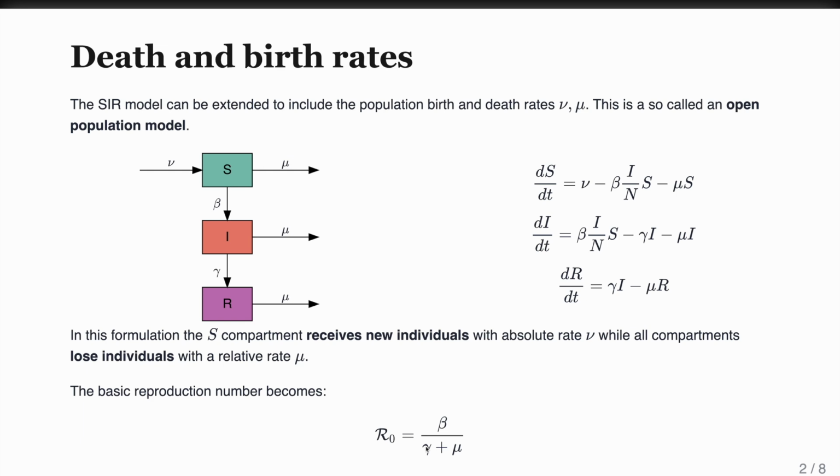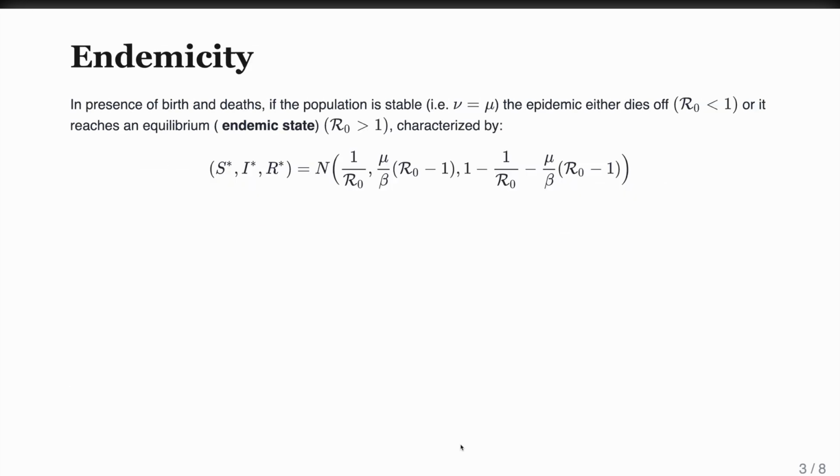This happens because instead of having just beta over gamma, we have beta over gamma plus mu, which means that the infectious period is a little bit shorter because people may die out by natural mortality before being able to infect other individuals.